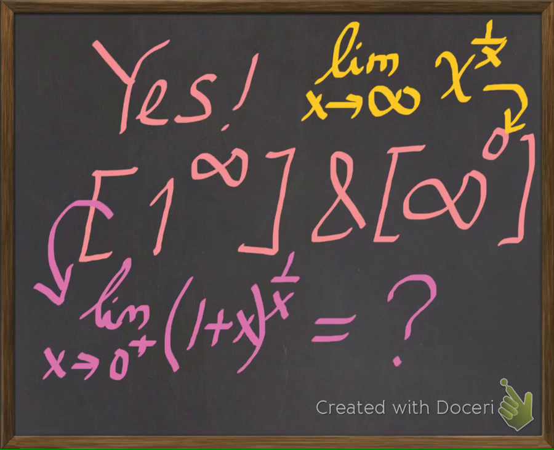The former is given by the example limit of (1 plus x) raised to the power 1 over x when x approaches 0. The latter can be illustrated by the example limit as x approaches infinity of x raised to the power 1 over x.